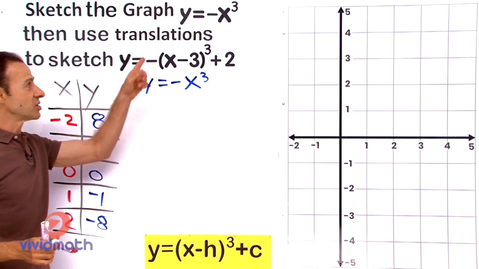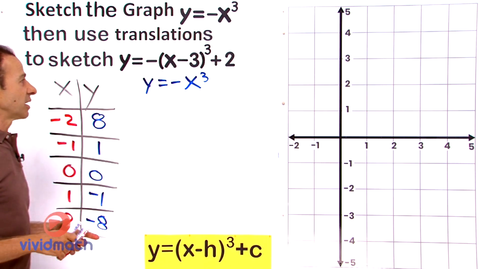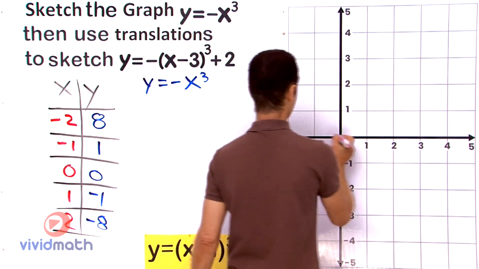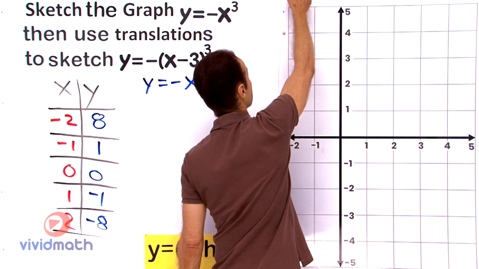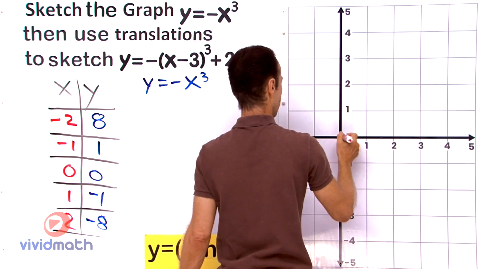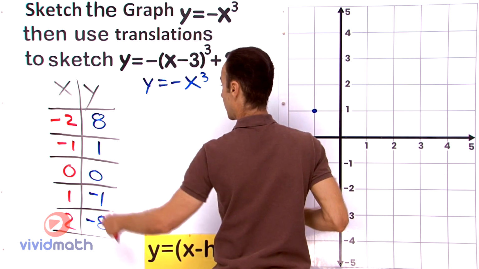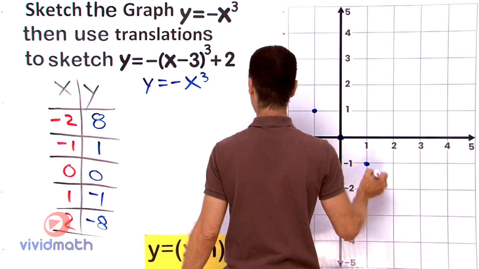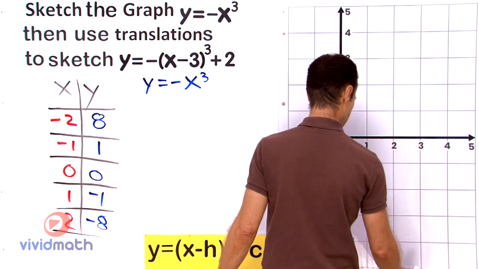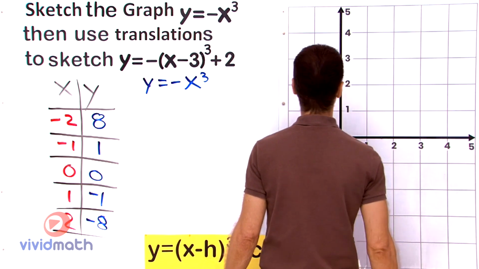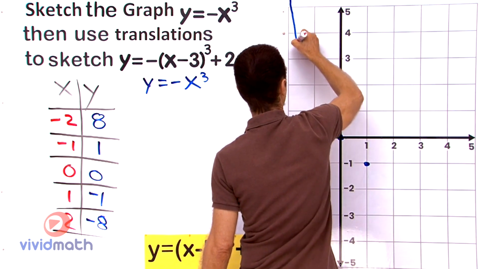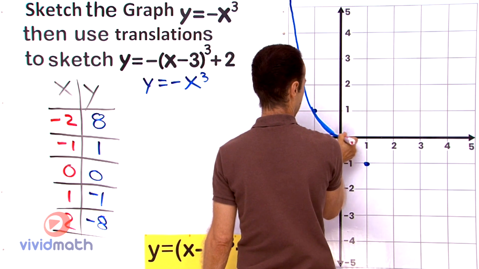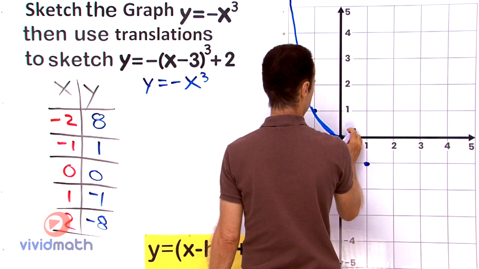And then we're going to use translations to sketch the second curve. So let's sketch the negative x cubed. We've got negative 2, 8, which is off the chart, so it's going to be about up that way. We've got negative 1, 1, which is there. We've got 0, 0, which is there. 1, negative 1 is there. And 2, negative 8 is off the charts down that way. If I draw that, it's going to look something like this.